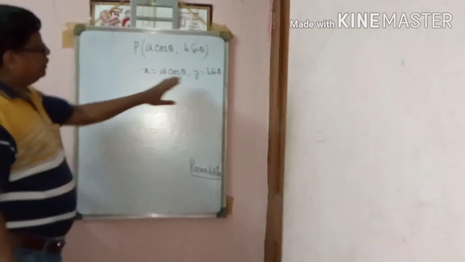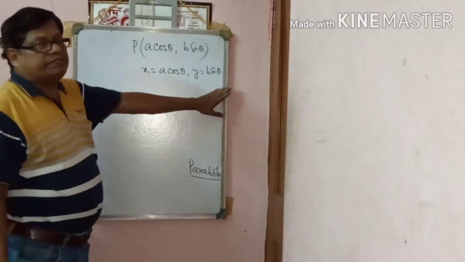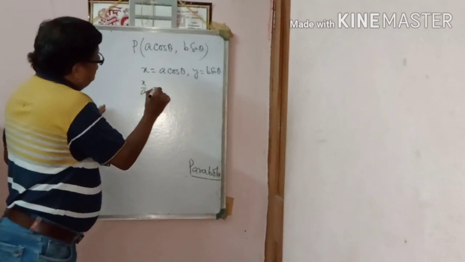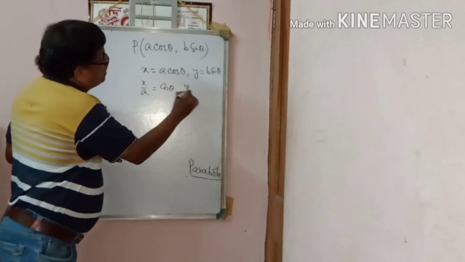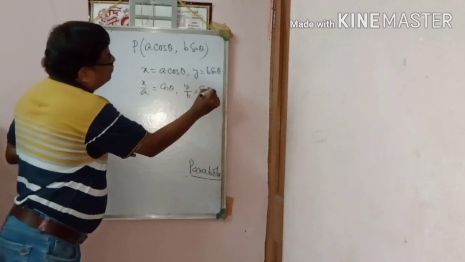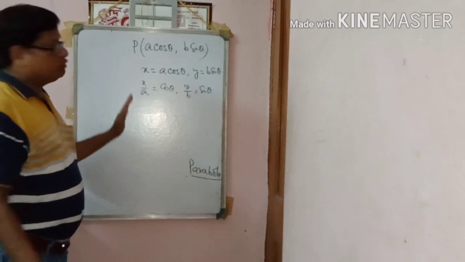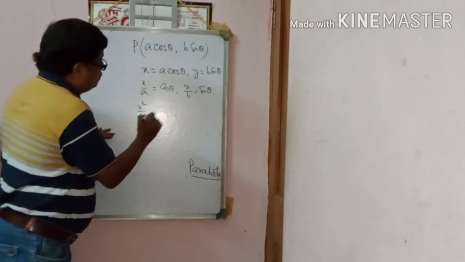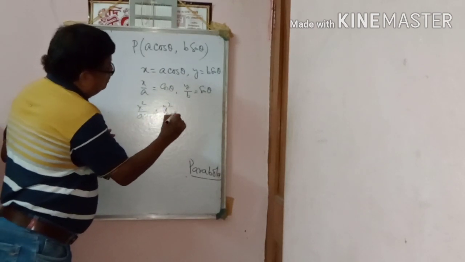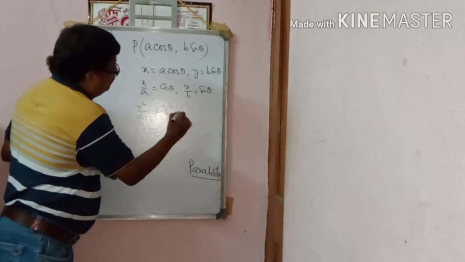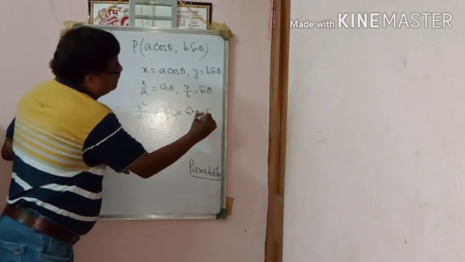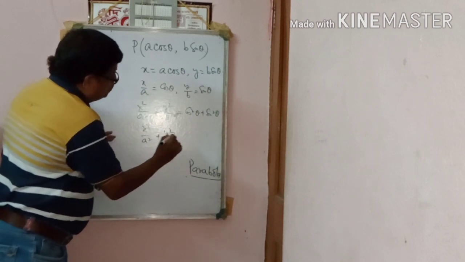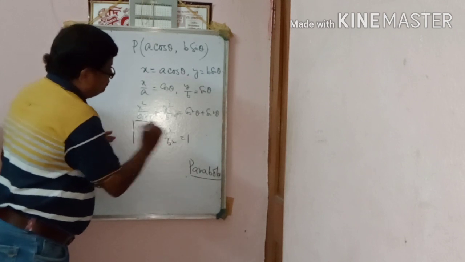Now you can write x by a equal to cos theta, y by b equal to sin theta. Now we know sin square theta plus cos square theta equal to 1. So we write x square by a square plus y square by b square equal to cos square theta plus sin square theta. So x square by a square plus y square by b square equal to 1.